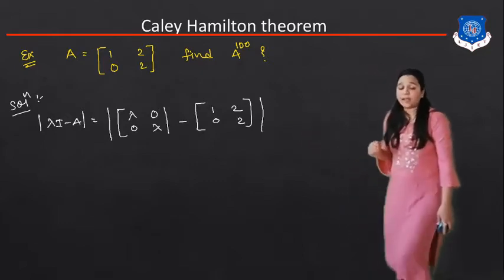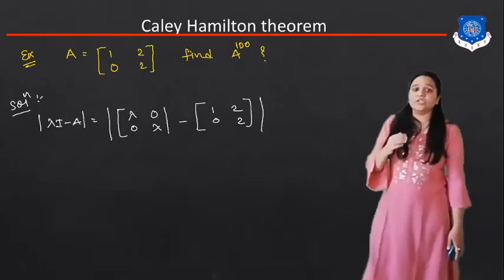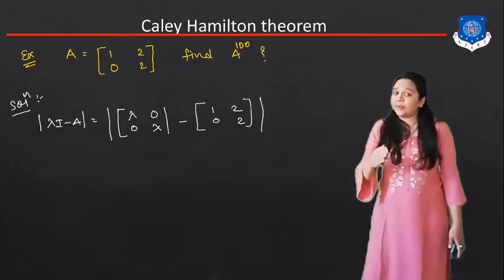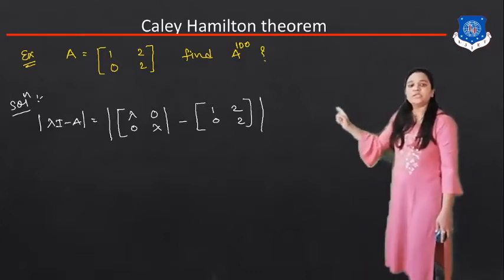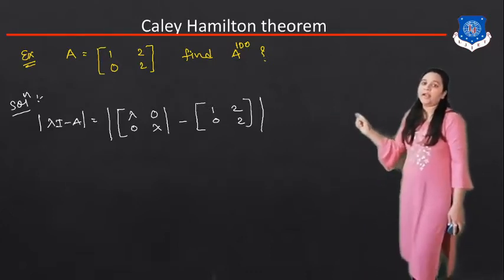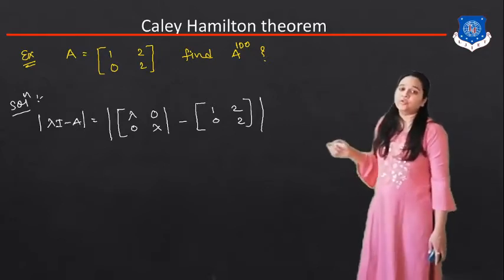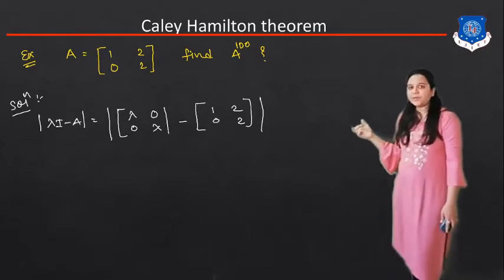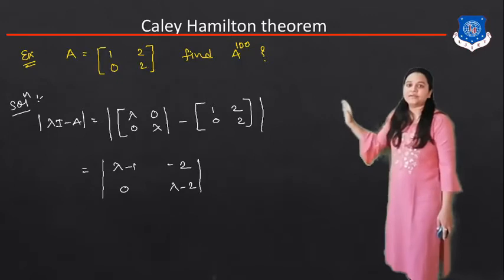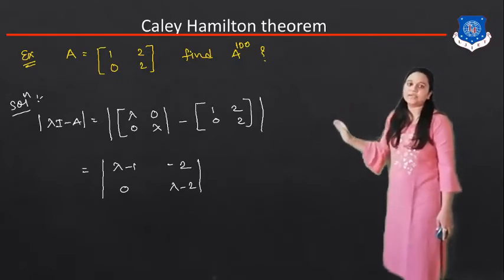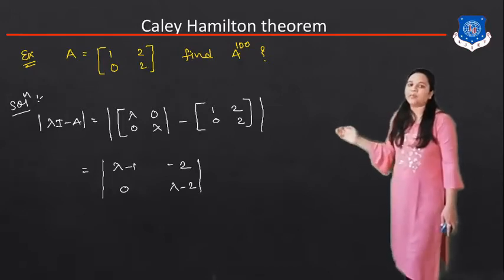Now what is lambda times I? I is the matrix [1 0; 0 1], and multiplying lambda with the I matrix we get [lambda 0; 0 lambda], minus the A matrix [1 2; 0 2]. We simply subtract these two matrices and get [lambda minus 1, minus 2; 0, lambda minus 2].